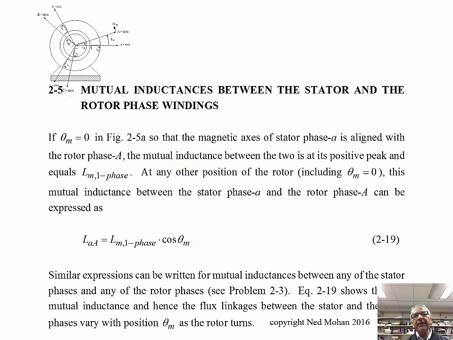Okay, so now let's look at the mutual inductances between the stator and the rotor phase windings. We can see in the figure shown in the right-hand corner that if theta sub m is 0, the rotor A-axis is on top of the stator A-axis, and in that case the flux linkage between the rotor A phase and the stator A phase is the same as Lm single phase that we had calculated, because it is the same magnetic path, right?